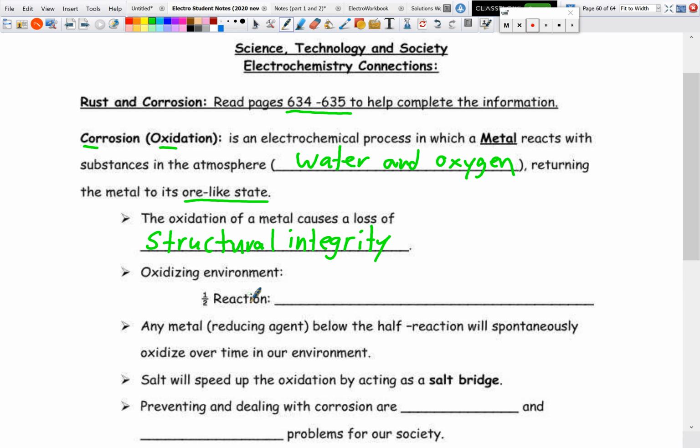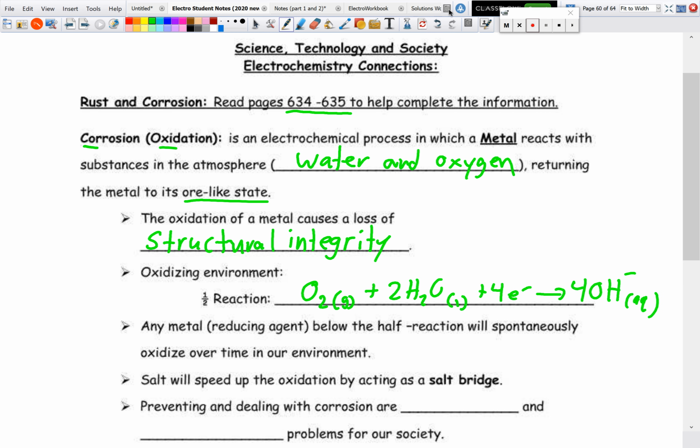So in the oxidizing environment, the half reaction that occurs is oxygen in the air, which is O2 gas, plus our water, 2H2O liquid, plus 4 electrons, produces 4 hydroxide ions.